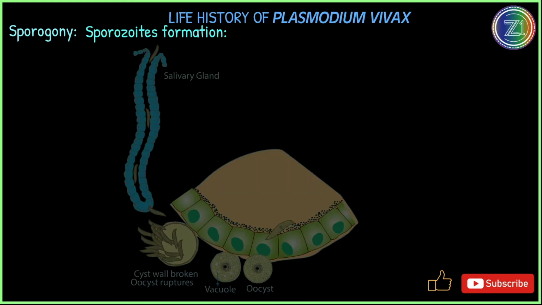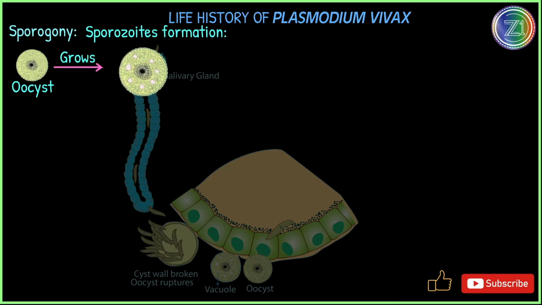So the oocyst that we have discussed is going to grow in size. Initially it was smaller, now it is taking nourishment from the mosquito, right? And that nourishment can be drawn by means of the permeable cyst wall.